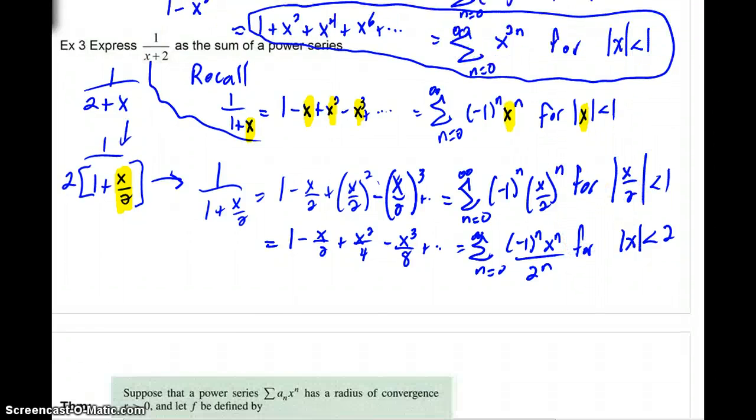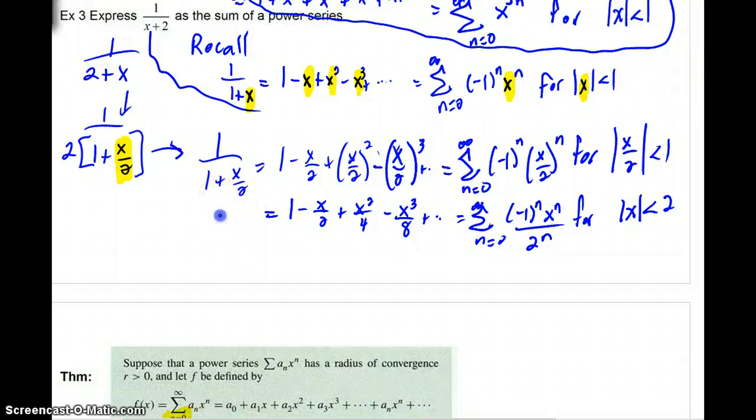Now, notice what's about to happen. If I were to bring this 2 down here, I'm going to have to really divide every term by 2, or multiply every term by a half. So if I were to plug that extra 2 back in here, how have I just changed the formula from the step above?